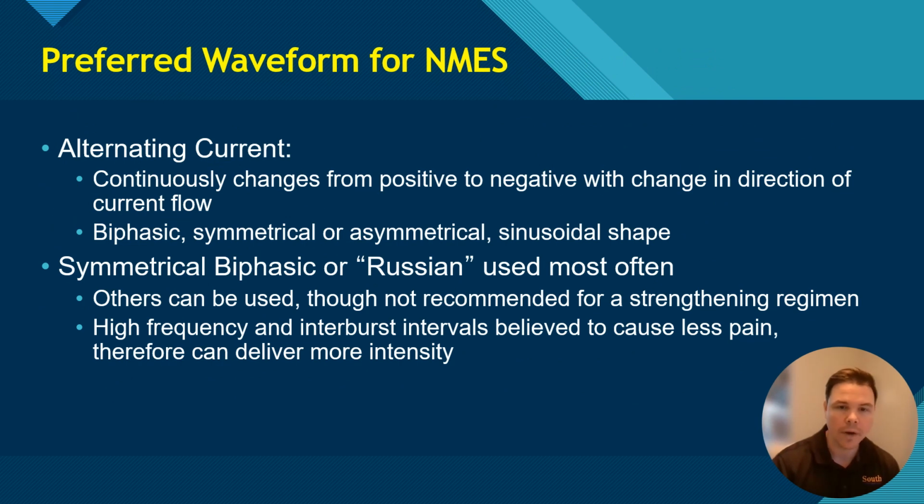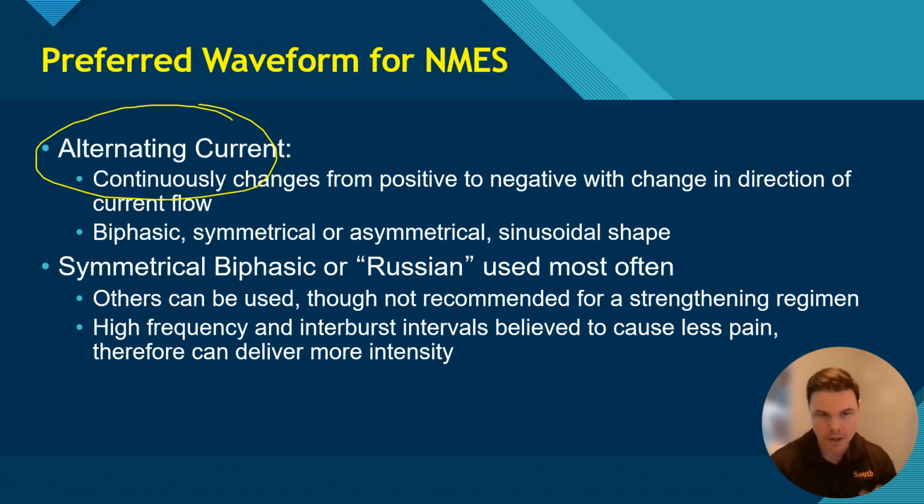Going back again, what is the definition of alternating current? What is Russian current, also called symmetrical biphasic, which means it goes negative and positive in equal parts? Russian is the most commonly used NMES waveform, specifically tailored to muscular contraction.